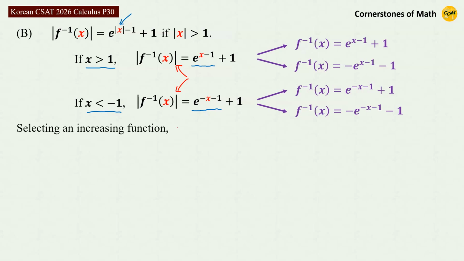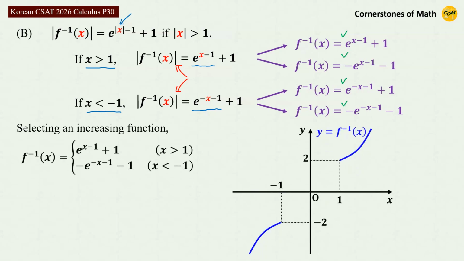So we have to choose increasing functions. And I believe you can figure out how these graphs look using the combined knowledge of the graphs like e to the power of x and e to the power of minus x, their asymptotes, and their translations along the x direction and y direction. In the end, we can find the increasing functions.